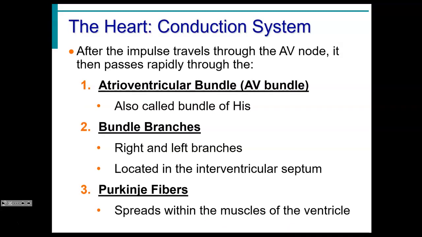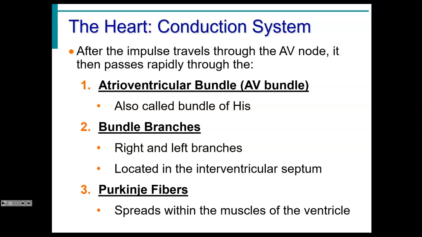This is just going through what I just explained in words. After an impulse travels through the AV node, it passes to the atrioventricular bundle, also referred to as the bundle of His. Usually when something has a weird name like this and you don't know what it means, it's because that's the person who named it. That's true in this case also. It's called the bundle of His because he discovered it and named it.